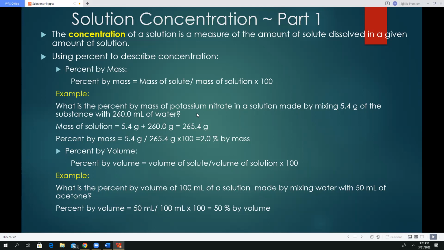And this is volume to volume, so V to V. When you write your answers, it'll be percent by volume. You can write it like that, or you can say percent V over V, which is volume over volume, or M over M for mass over mass. You can do either one. And yes, always watch your sig figs. In this case, we only had one, so one is okay here.